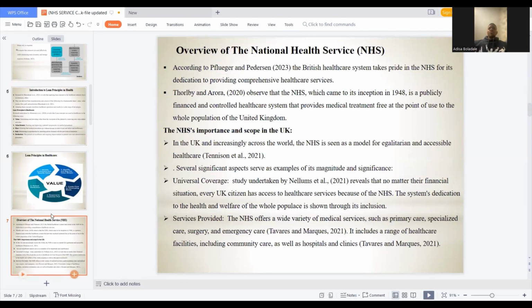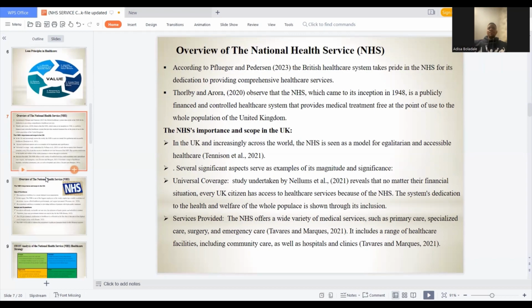Next is an overview of the National Health Service. The NHS is a publicly funded healthcare system in the United Kingdom that offers free medical treatment to all residents. Talking about the importance and scope of the NHS, it is considered a model for equal and accessible healthcare in the United Kingdom and worldwide.